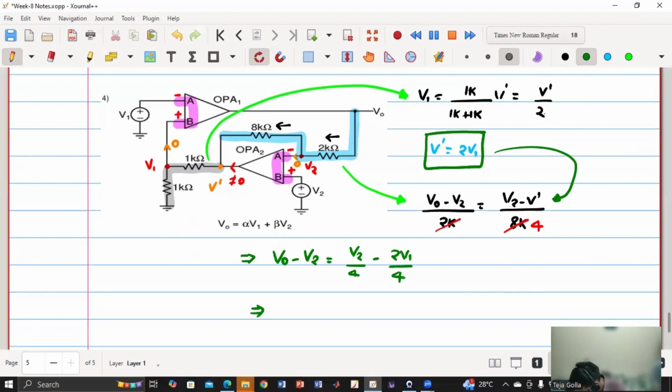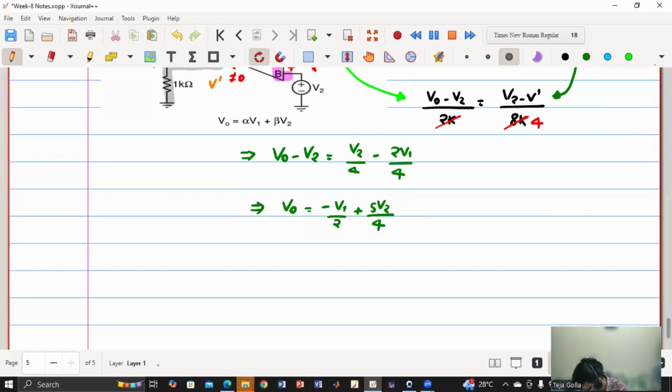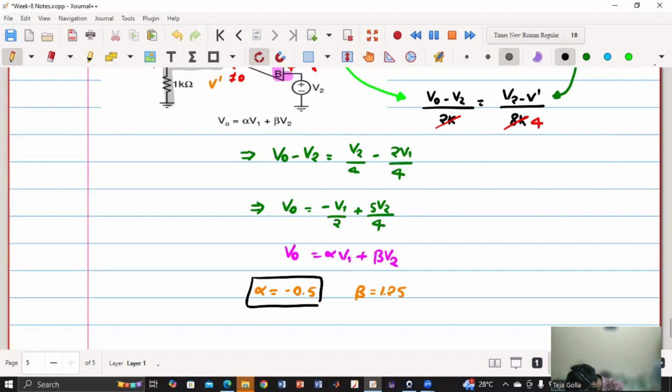So now I will get V0 is equal to minus V1 by 2 plus 5V2 by 4, right? Agree? So now they have given V0 is equal to alpha V1 plus beta V2. So I'll get my alpha is minus 0.5 and my beta is 1.25. Agree?